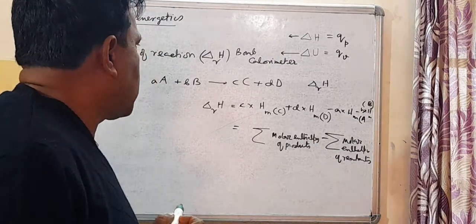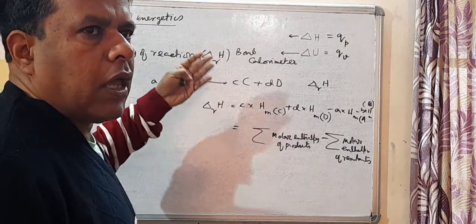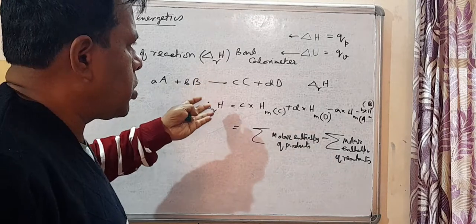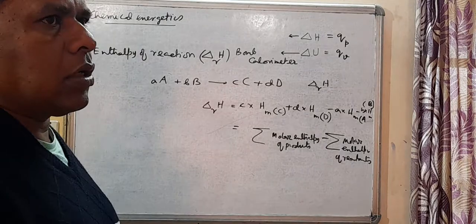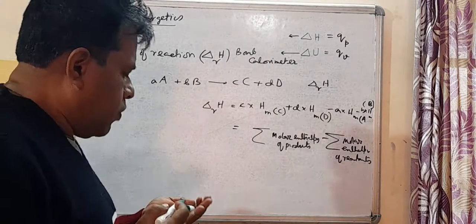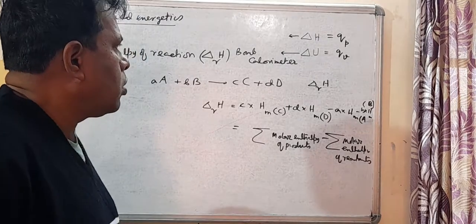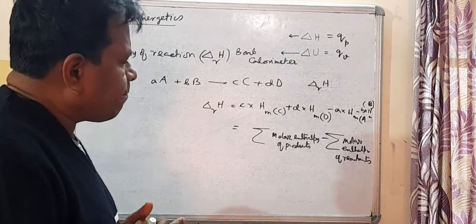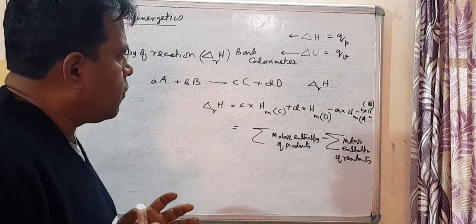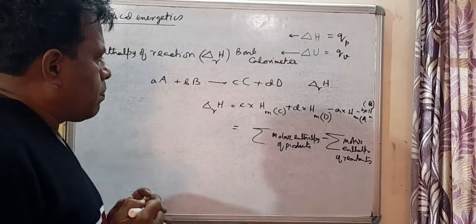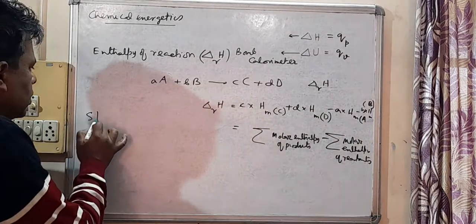We need to choose a standard condition because a particular reaction, if carried out in different conditions of temperature and pressure, will give us different values of delta H. That is the reason why we choose a particular condition, to compare enthalpy of reaction for different reactions. We choose a particular condition, and that is called standard condition.